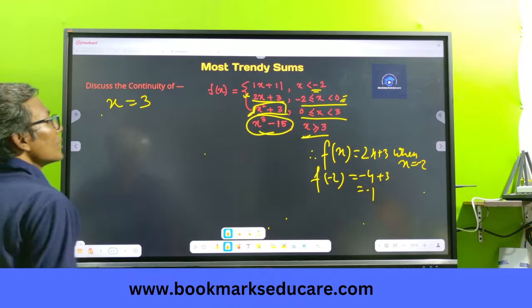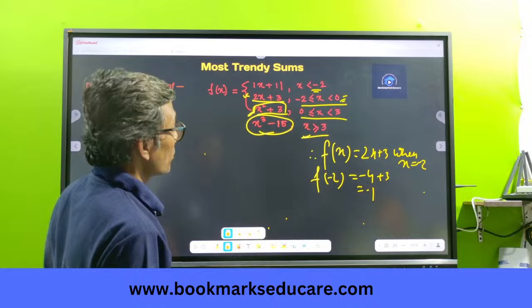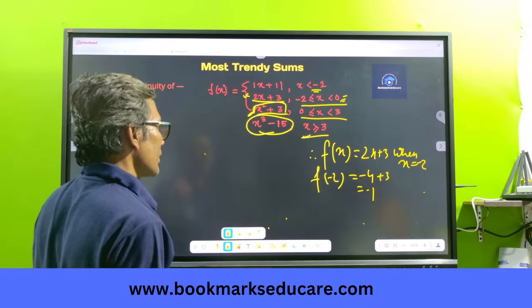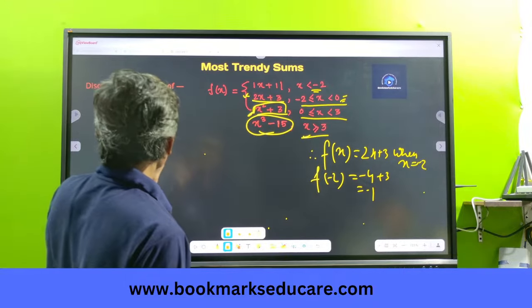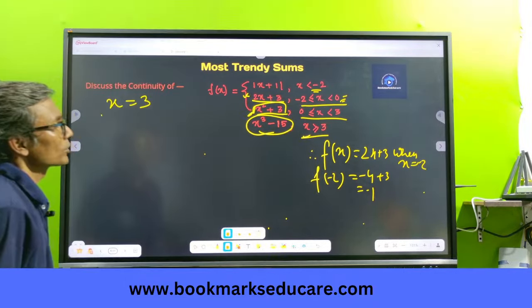So this function will be continuous at every point in the given interval except minus 2.